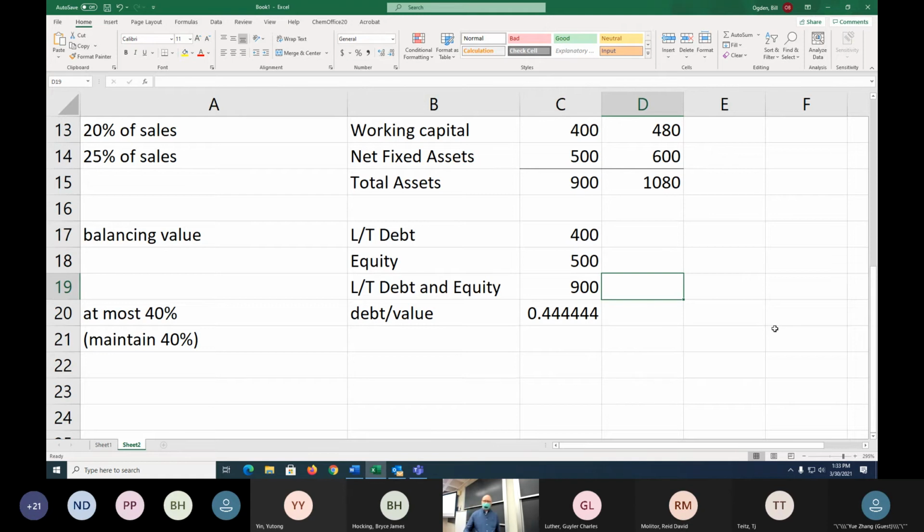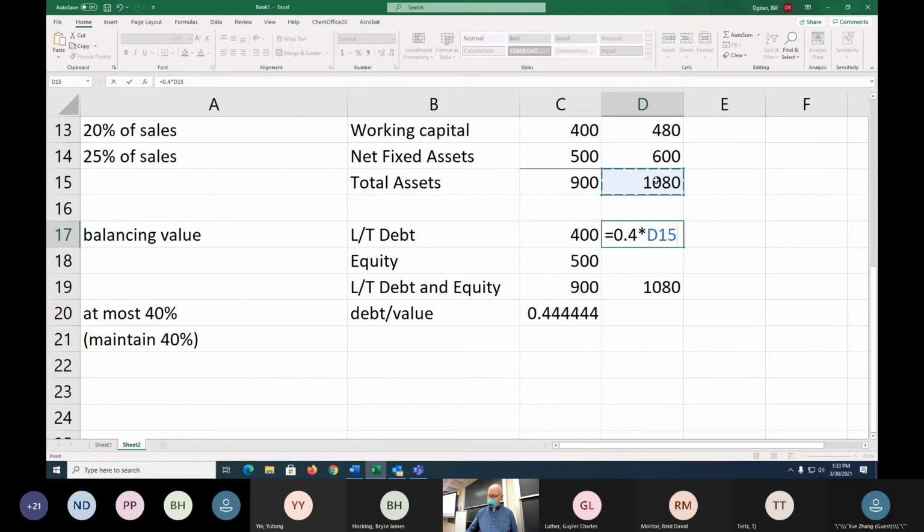Okay, I'm going to do this now. So right away, any balance sheet that balances must have the same totals. We are going to maintain a debt to asset ratio of 40%. So I'm going to say that this number is 0.4 times 1080.